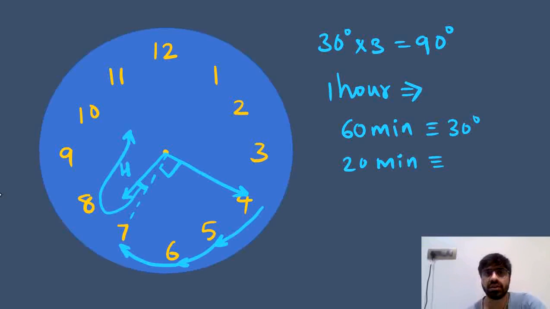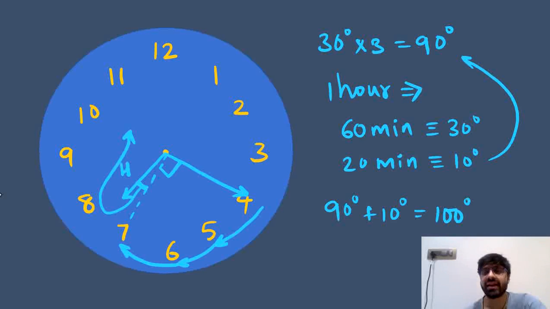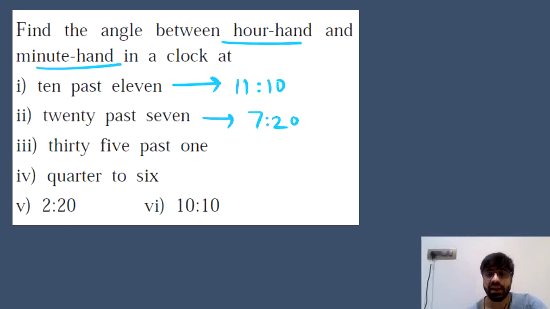So the angle that will be traveled by the hour hand in 20 minutes would be 30 upon 3, which is equal to 10 degrees. Okay, so that 10 degrees we will add to 90. We have 100 degrees, and this is going to be the angle between the hour hand and minute hand when the timing is 7:20. Okay, let's take yet another question.